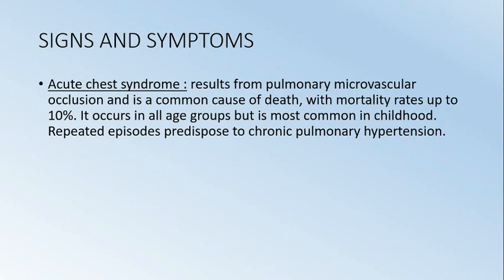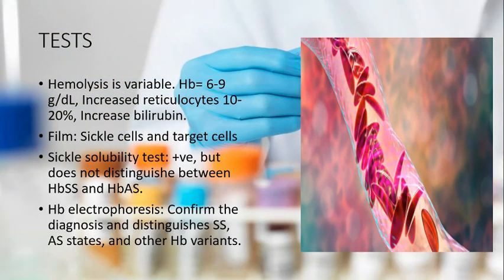Okay, let's see the tests that can be done. Since hemolysis is variable, it depends on how severe. There might be an Hb of 6 to 9 grams per deciliter, depending on severity.